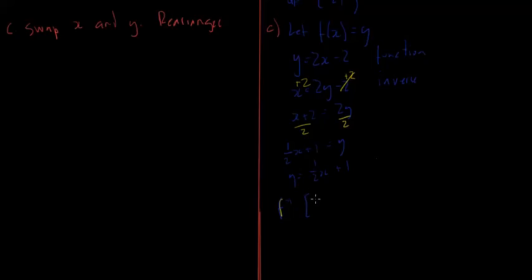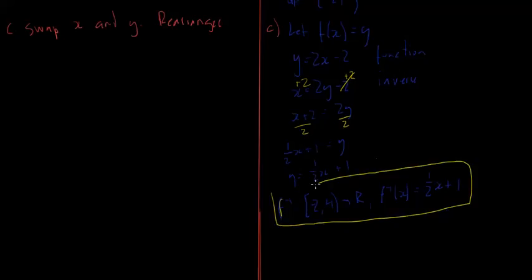The domain we worked out before was negative 2 to 4. And the codomain is all the real values, the values that we can put in. And then the rule, f inverse of x is equal to a half x plus 1. Then let's put a box around it, and that's formal mapping notation: the domain, the codomain, and then our rule.